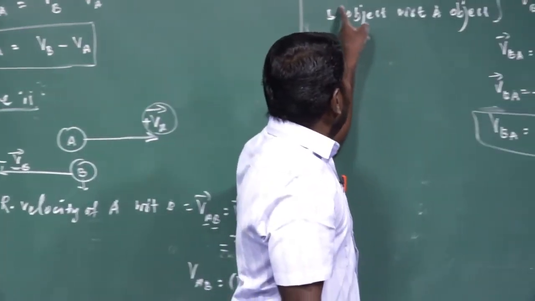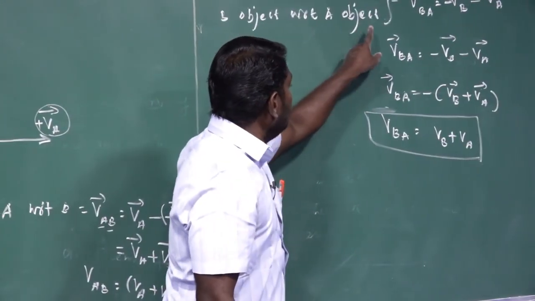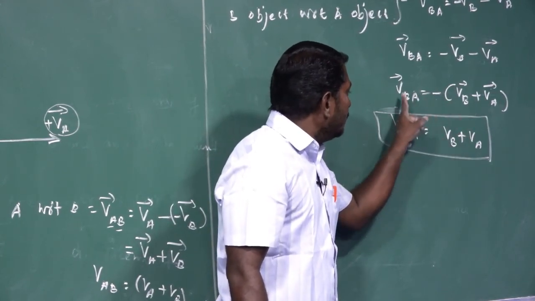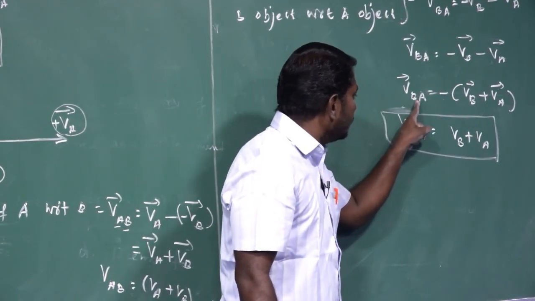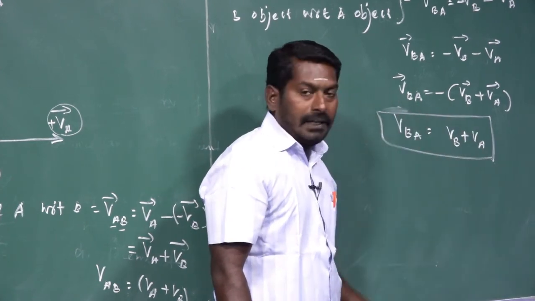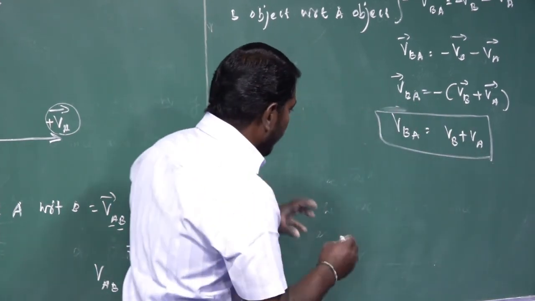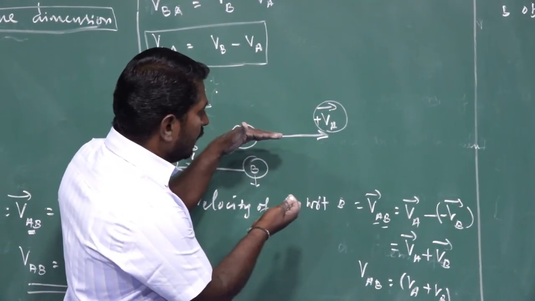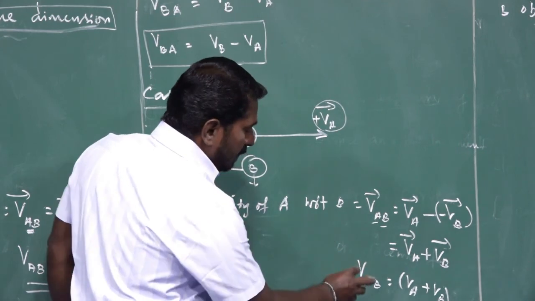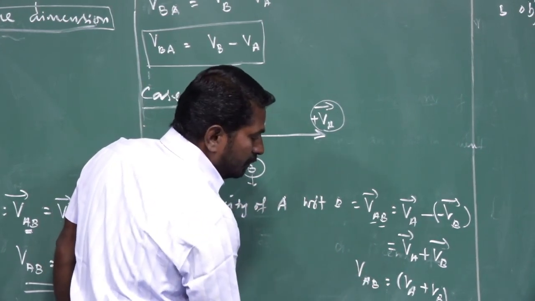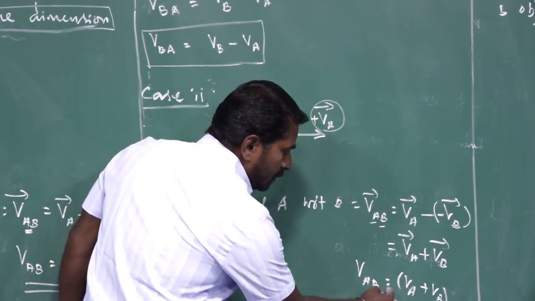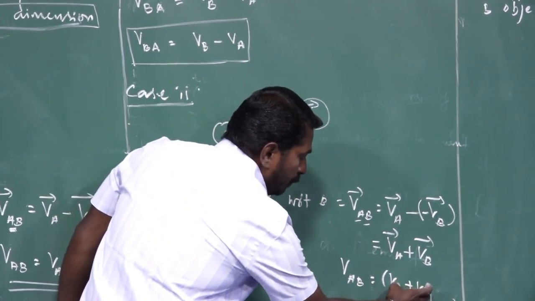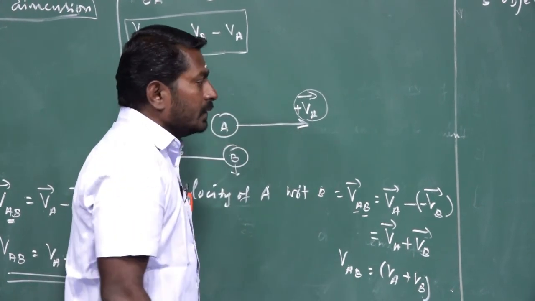In the second case, the relative velocity of B object with respect to A object is negative, which means the relative velocity direction in this case is opposite to the direction of VA vector. But finally we concluded, if both objects are traveling along a straight road in opposite direction, the relative velocity of one object to the other object, magnitude wise, is equal to the sum of the magnitudes of velocities of the two objects.